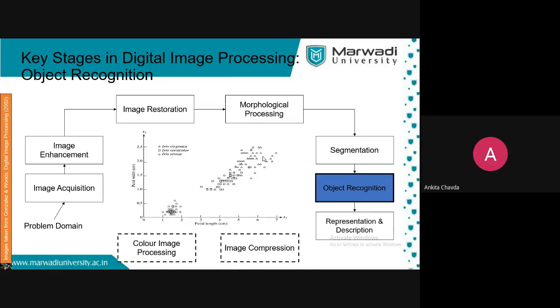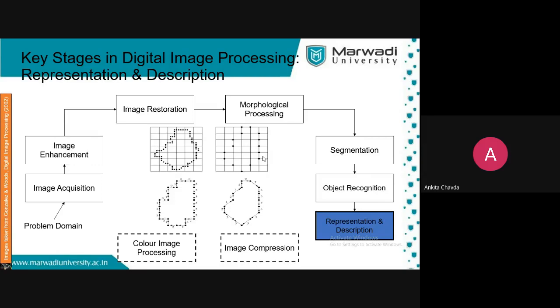So this is object recognition and representation and description. Representation means how you are representing your image, and the description, this you are giving for object recognition. Suppose I need to make the machine learn that this is known as a pen, whether it is from the top view or from the side view or from the bottom view, this is the pen.